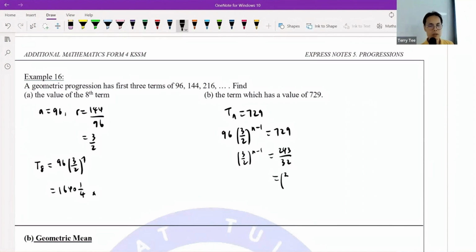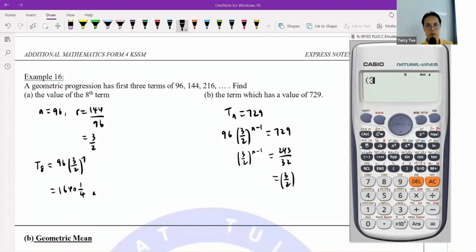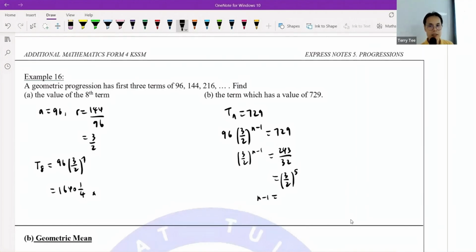Now, 243 over 32 is actually 3 over 2 to the power of something. Power 5, right? You can just use your calculator to validate. By comparison, your n minus 1 is 5, so your n should be 6.